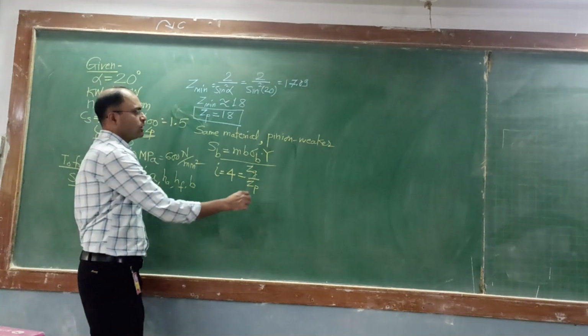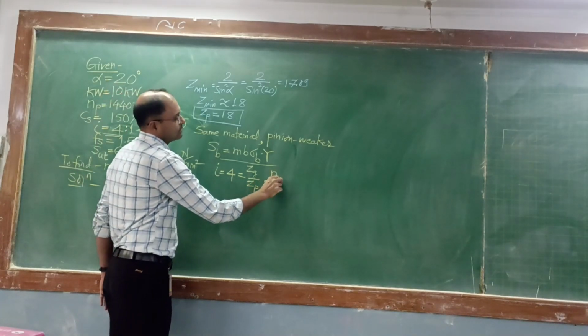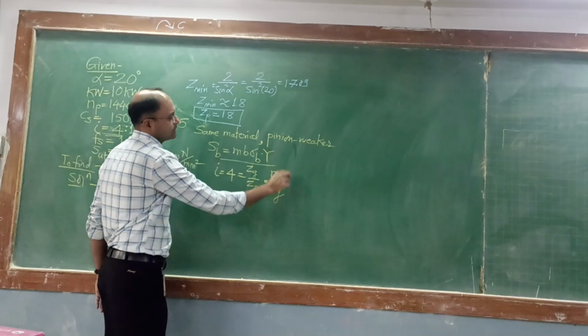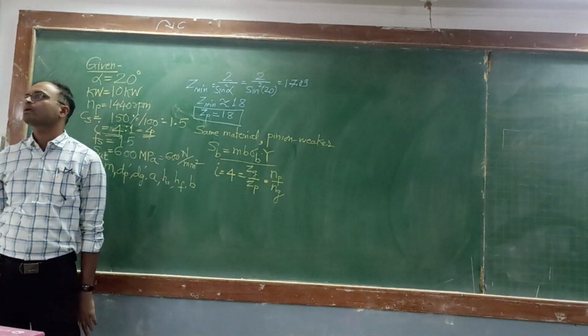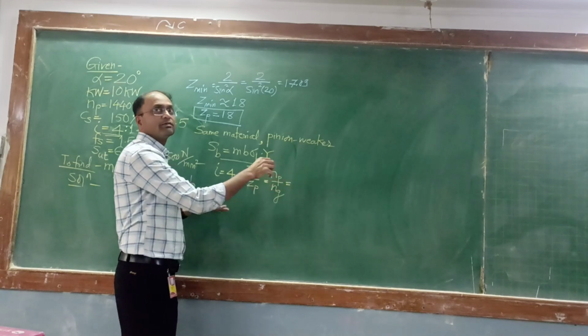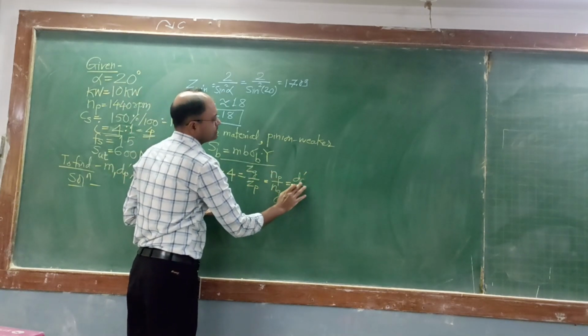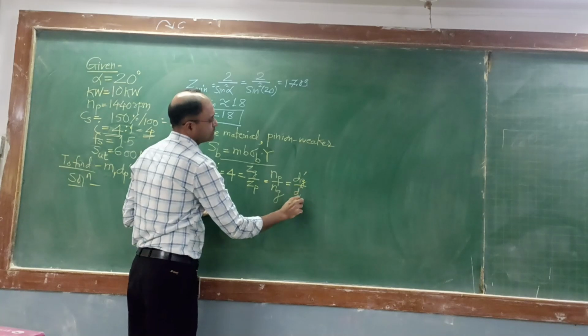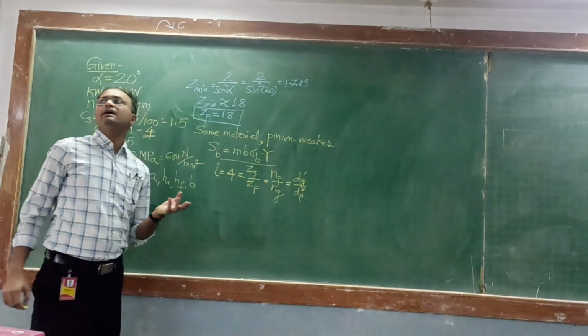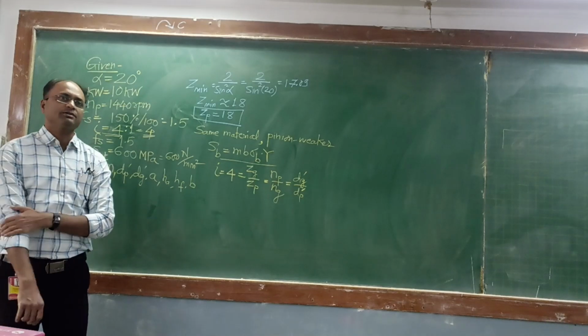Or it is also ratio of speeds, NP upon NG. Or ratio of diameters, dG dash upon dP dash.